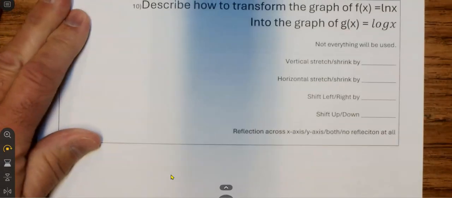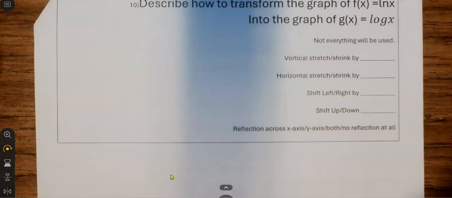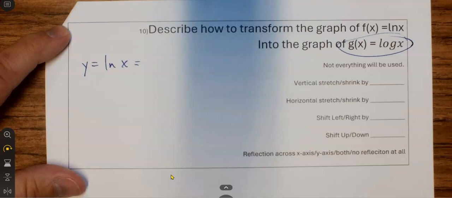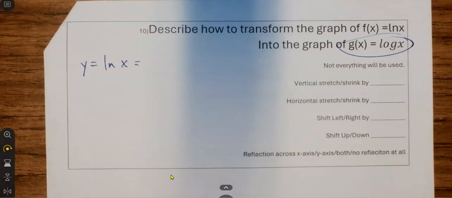Okay, question 10. Alright, so let's see here. We're starting with the natural log of x, and we're being told to change it to base 10. How do I change that to base 10?